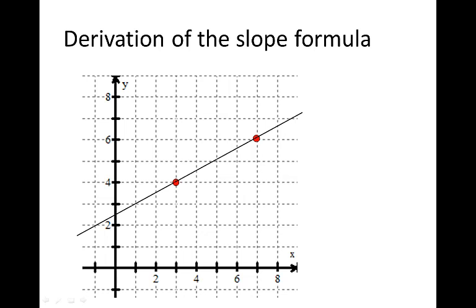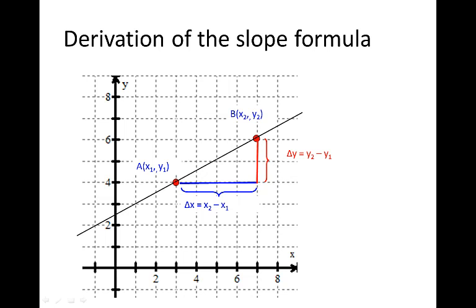Let's say I've got a line here, 2 points. We'll just call one point x1, y1, the next point x2, y2. Doesn't matter which one you call x2, y2, or x1, y1. My slope again is delta y over delta x. My delta x, my change in x, I just subtract the two x's, x2 minus x1. And delta y, very similar, I subtract the y's.